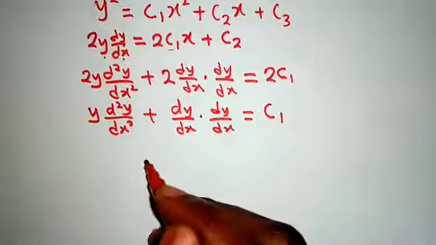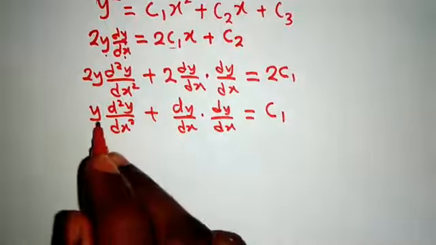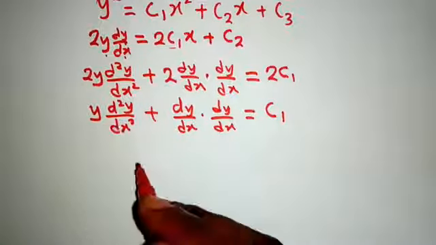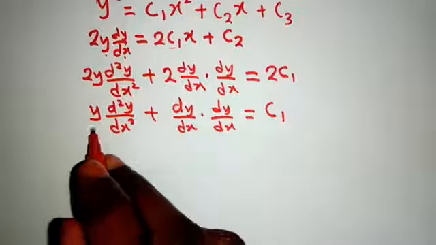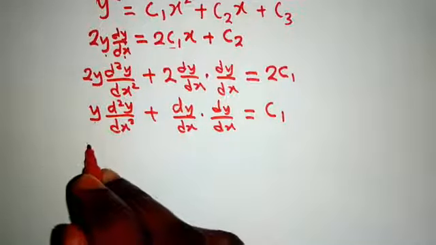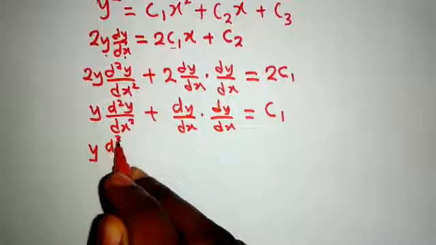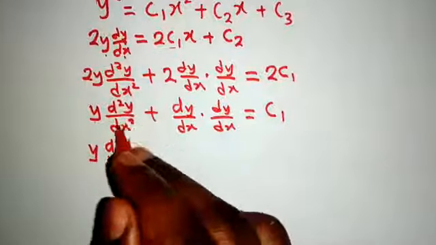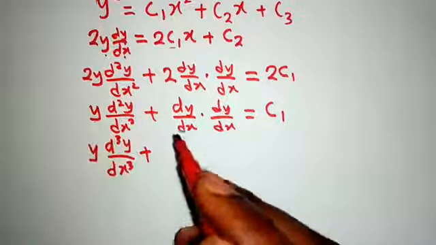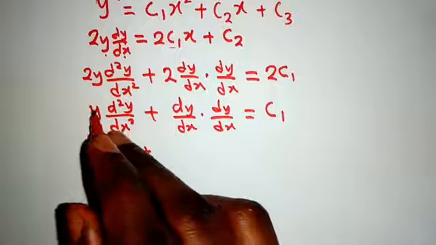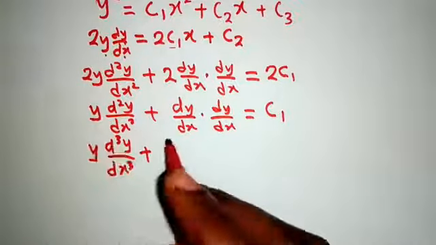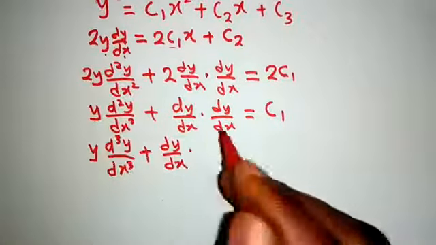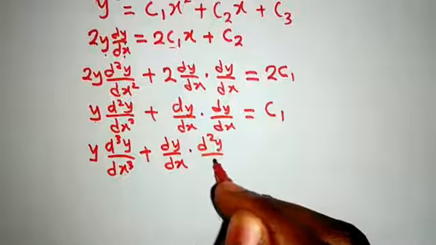Now let's differentiate the third time. Now this is also a product, so we differentiate this by the product rule of differentiation. So we keep this constant and differentiate this to get y d cubed y/dx cubed plus, keep this constant and differentiate this, we get, now when we differentiate this, we have 1, but because this is a y variable, we need to add dy/dx times, keep this constant, we have d squared y/dx squared.